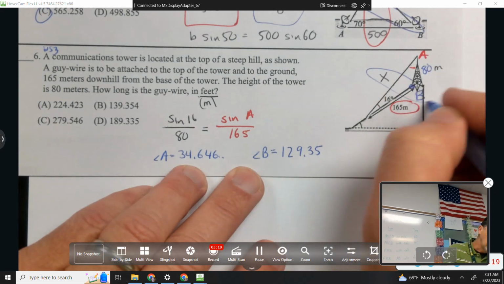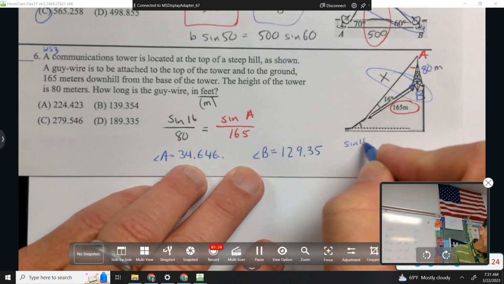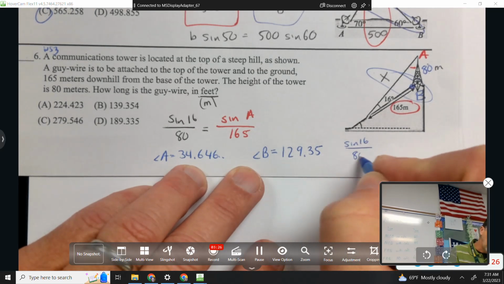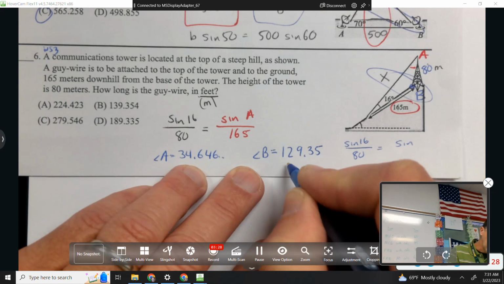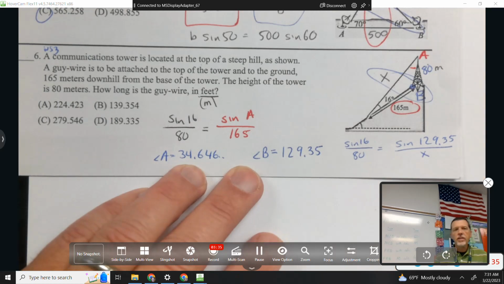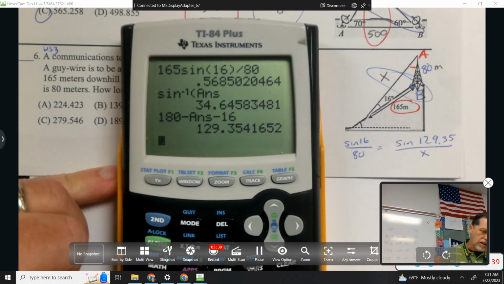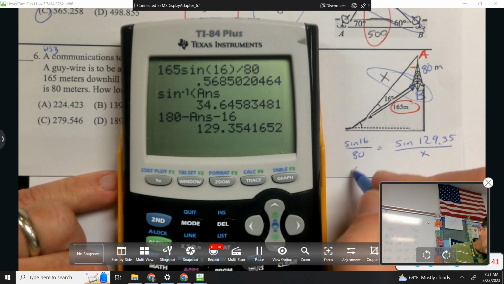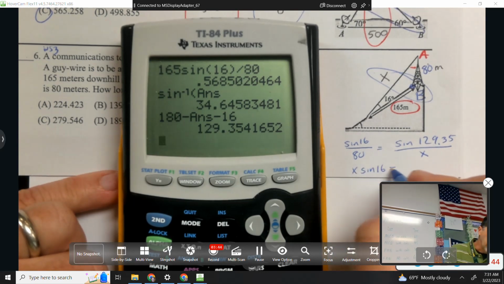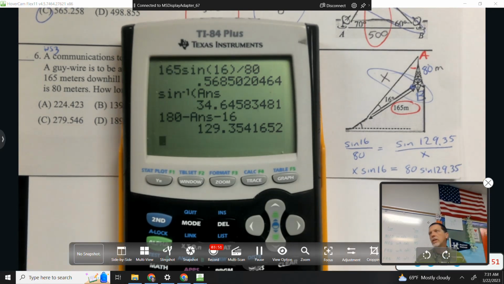Okay, so now I can do law of sines with that pair. Sine 16 over 80 equals sine of what we just found, 129.35 over x. My brain isn't warmed up enough to skip all the steps yet. So I'll write out one more step, and then now I'm good to go to the calculator.